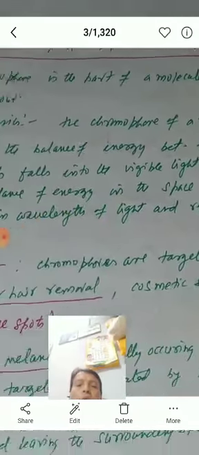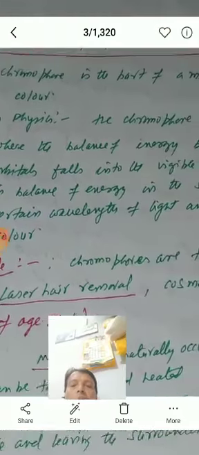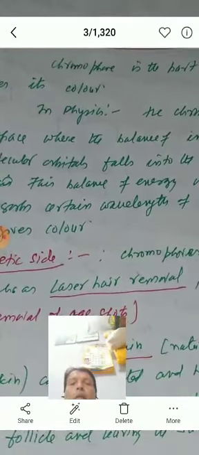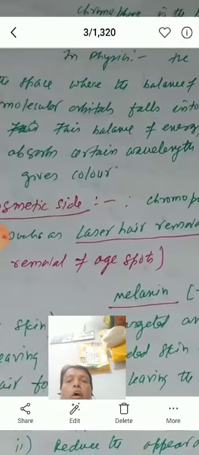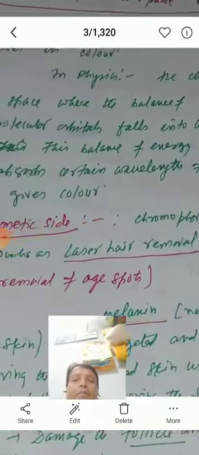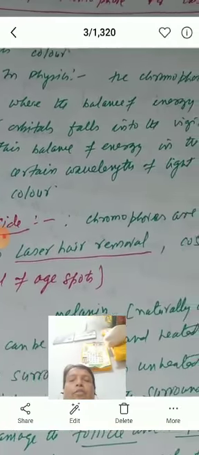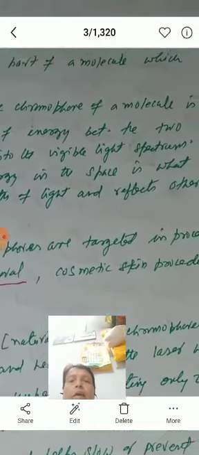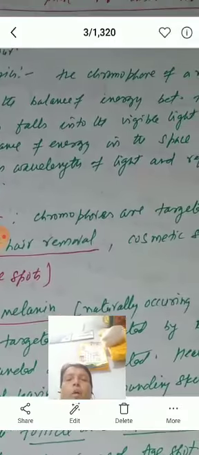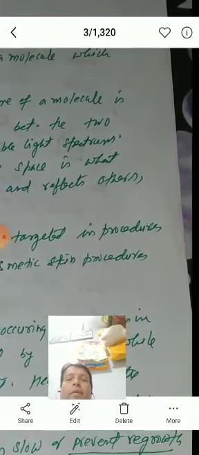In physics, the chromophore of the molecule is the space where the balance of energy between the two molecular orbitals falls into the visible light spectrum. This balance of energy in the space is what absorbs certain wavelengths of light and reflects others, which gives color.